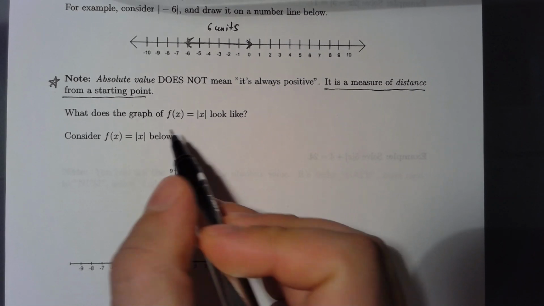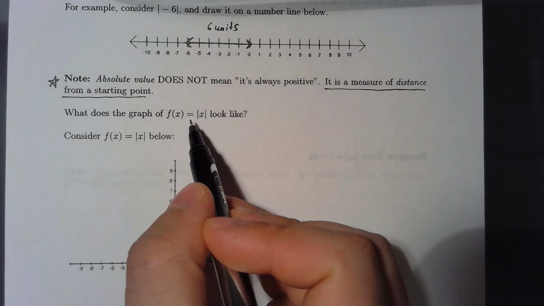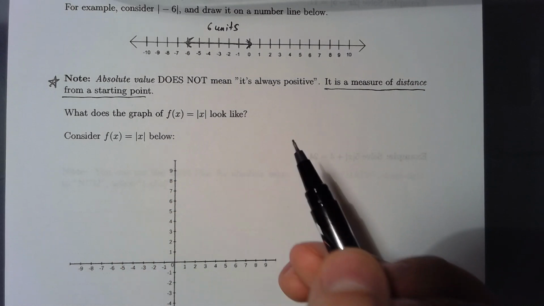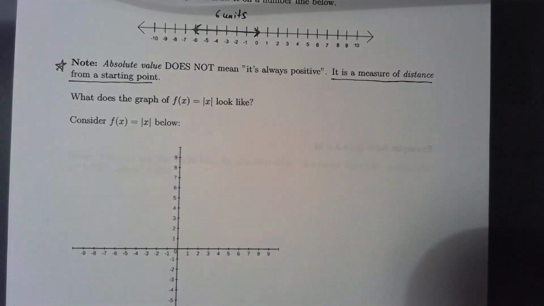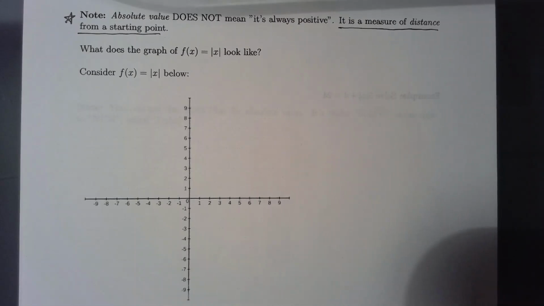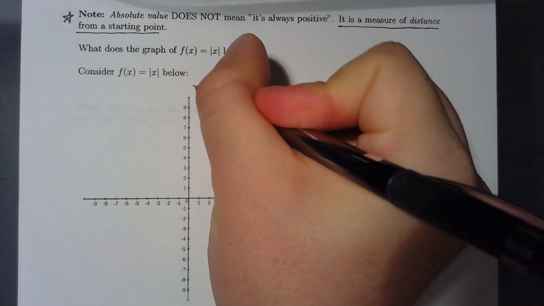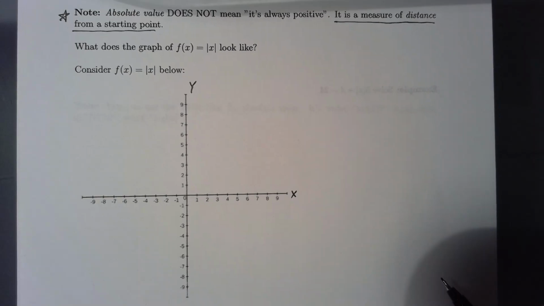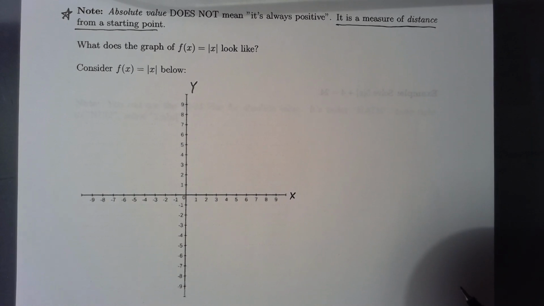So what is the function? Remember function notation? What does the function of absolute value of x look like? If you recall from much earlier in the course, when we graph things, what was one of the first ways we learned how to graph things?